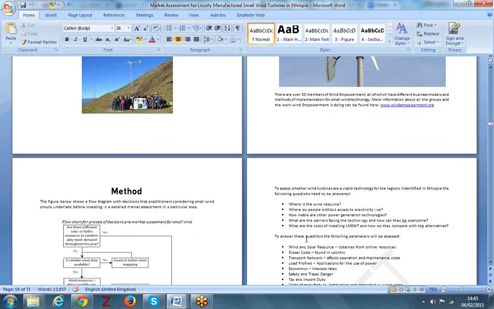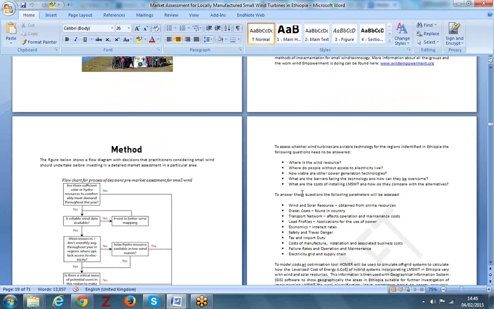So this is not comprehensive, but it's the start of a list of all the parameters that need to be investigated, and I think this is maybe the basics of a market assessment methodology.